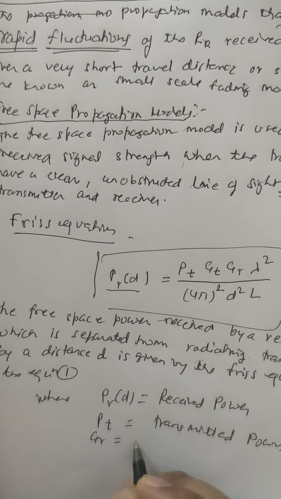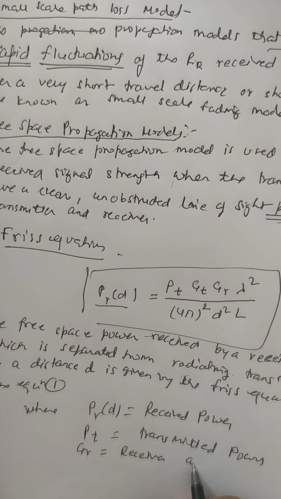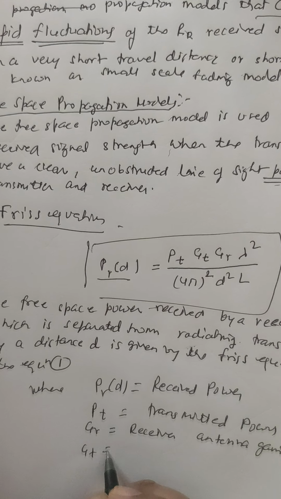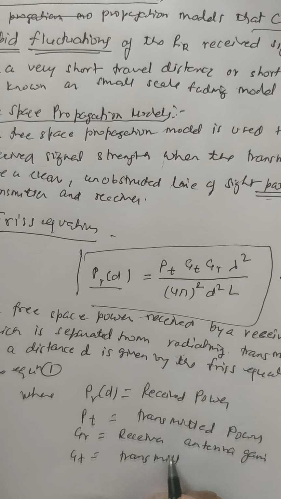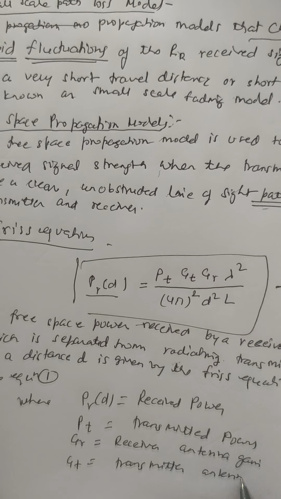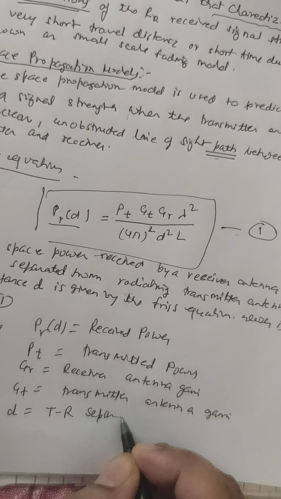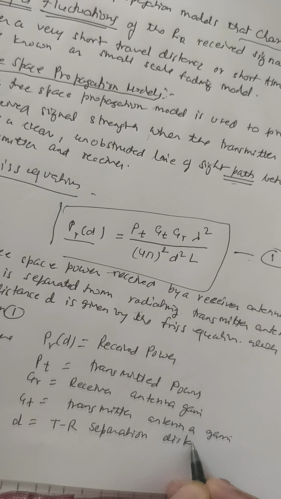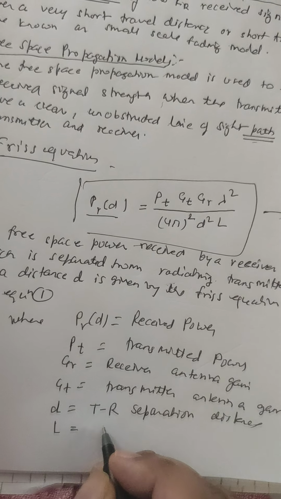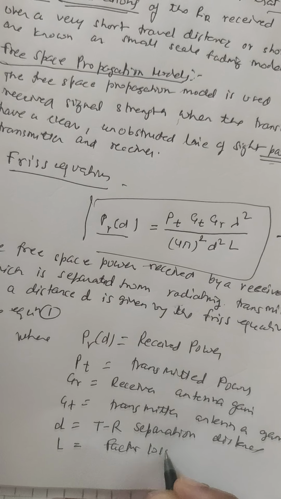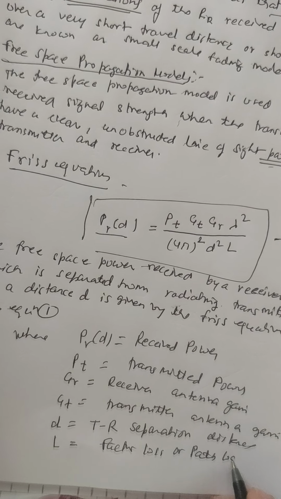G_R is known as the receiver antenna gain, and G_T is referred to as the transmitter antenna gain, and small d is the transmitter-receiver separation distance, and L is referred to as the loss factor, or we can say path loss.